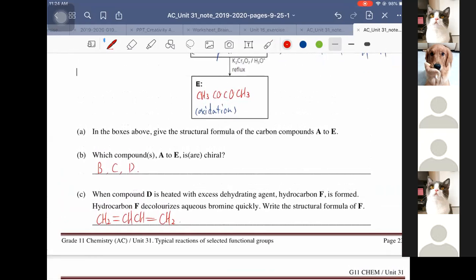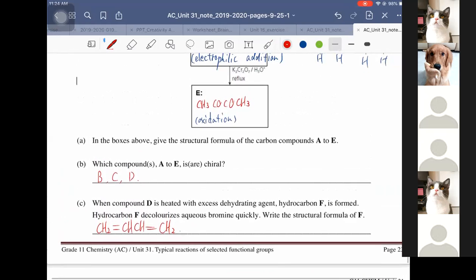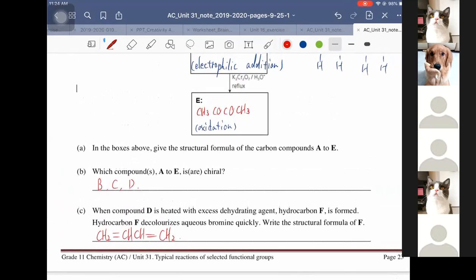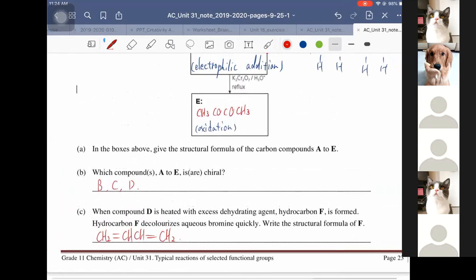Okay, for part C, the last part, it's heated with excess dehydrating agent. Dehydrating agent means it's going to take away water, and it also gives you a hint that the product would decolorize aqueous bromine quickly. That means you will get an alkene after the dehydration process.